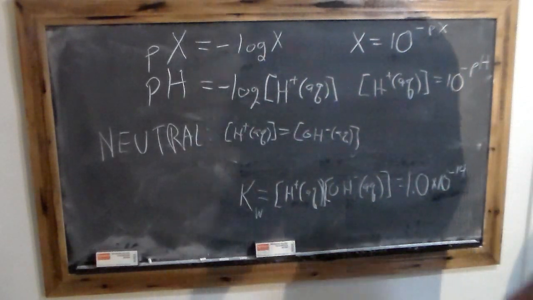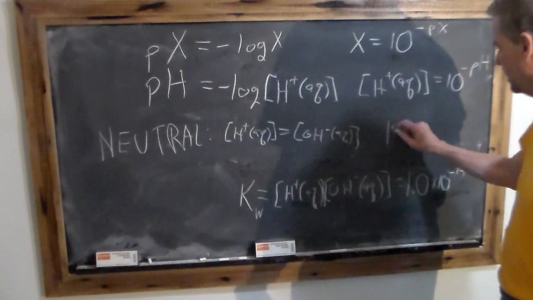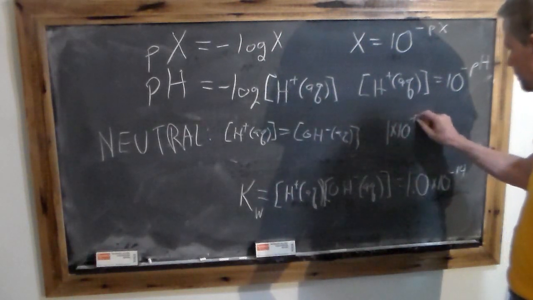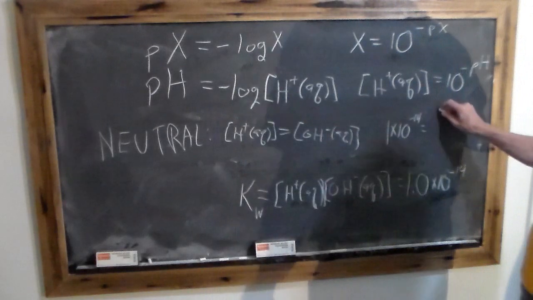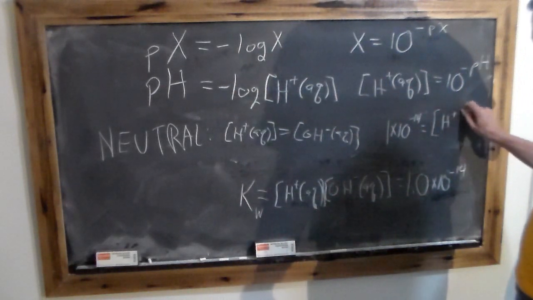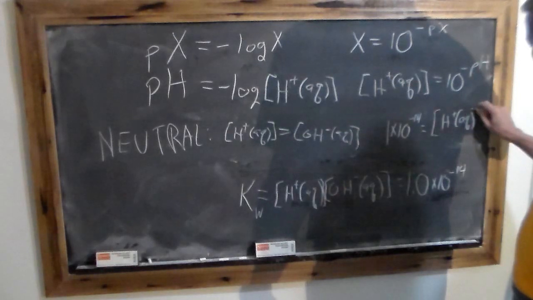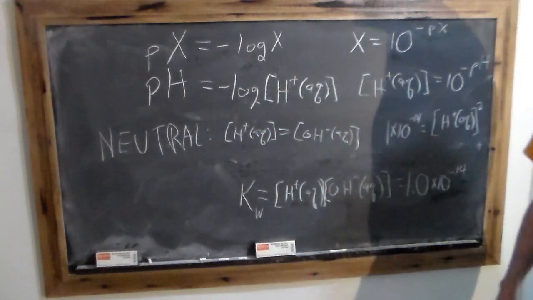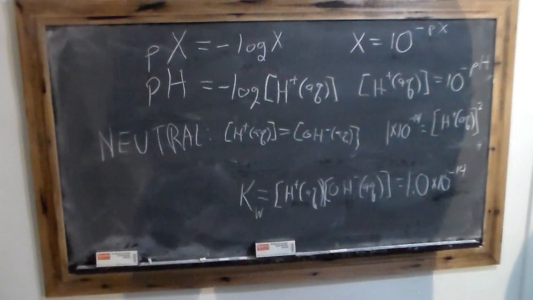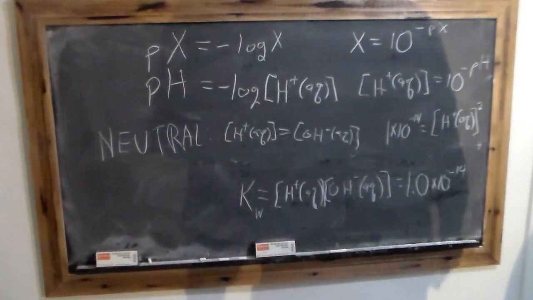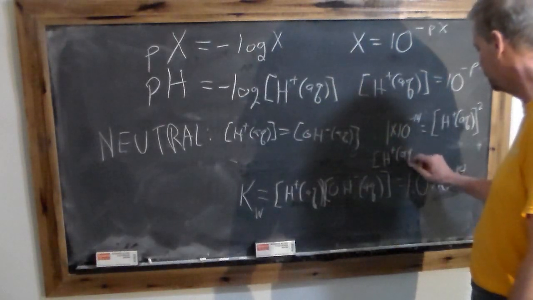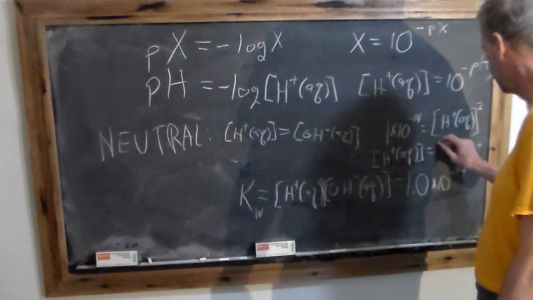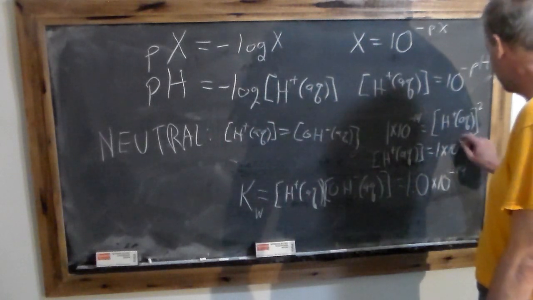Well, if that's the case, then Kw, we can substitute H plus into this equation for OH minus. And we get this. If we take the square root, we will see that our hydronium ion concentration is equal to 1 times 10 to the negative 7th.